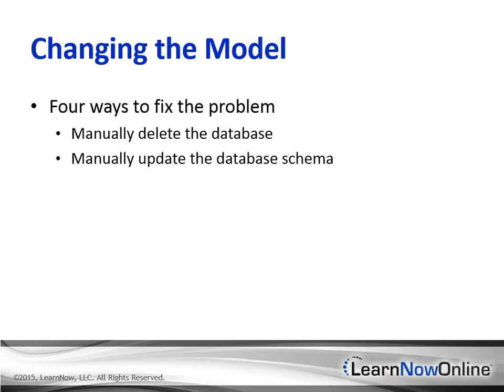Secondly, you can manually update the database schema so that it again corresponds to the model. This can be a little tricky because Code First creates a double underscore migration history table in the database with a hash of the shape of the model that was used to create it. And Code First uses that hash in order to detect the changes.